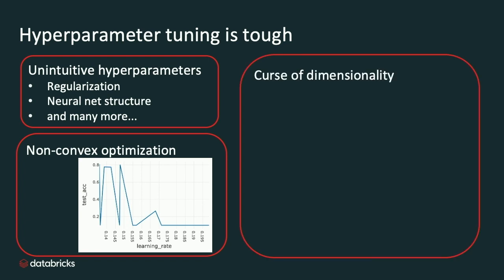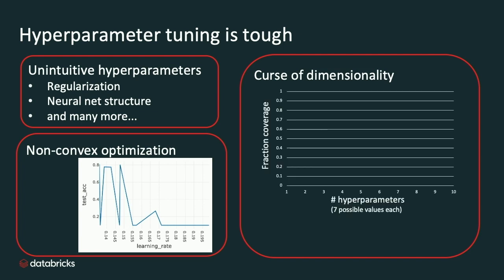And the final element is the curse of dimensionality. Since this is a non-convex problem, as we increase the number of hyperparameters, here plotted for an example problem on the x-axis with 7 possible settings for each hyperparameter, we can see that the fraction of coverage of the hyperparameter space for a given budget of, say, 100 hyperparameter settings drops exponentially as we go to the right.